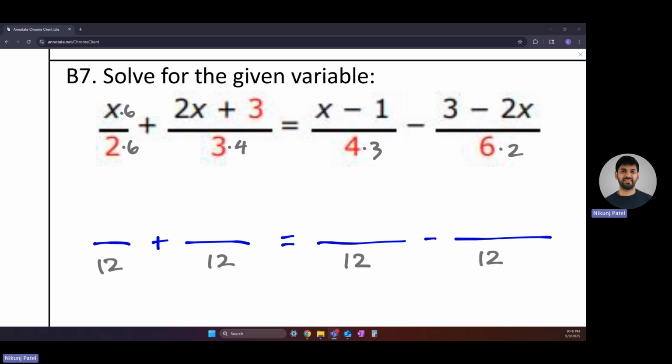So right here times 6, that's 6x. Now this one is a little interesting because we have two terms up here. We need to do 4 times all of this. It's like distributing, right? So it's like putting parentheses and then a 4 multiplied right there. So I distribute and I get 8x plus 12.